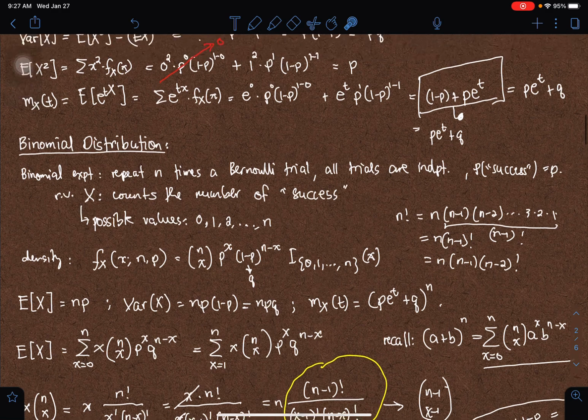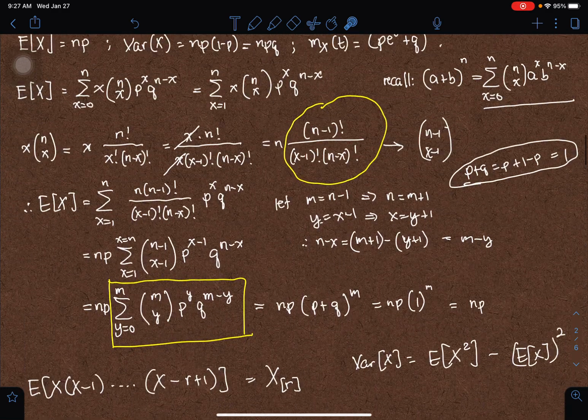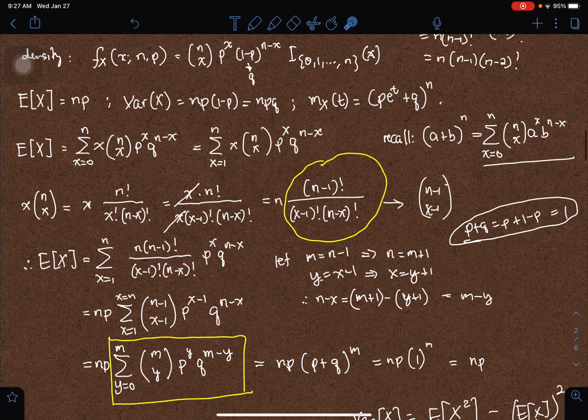From the binomial theorem, recall the binomial expansion. a plus b raised to the power n can be written as the sum from 0 to n of n taken x times a to the x times b to the n minus x.